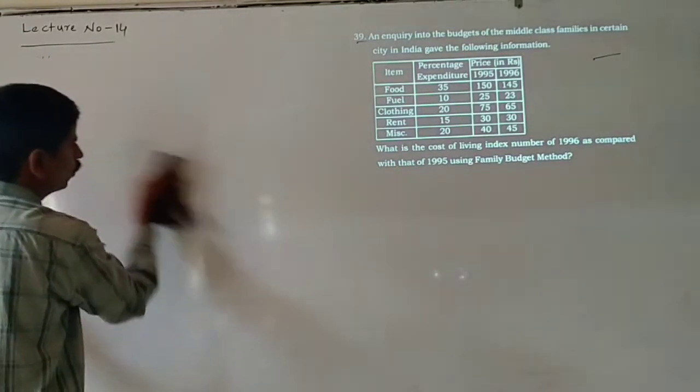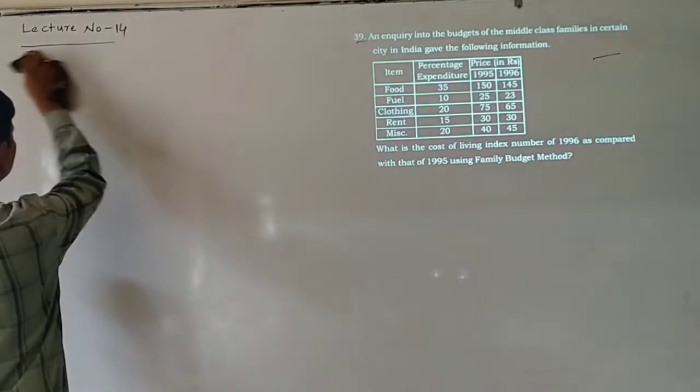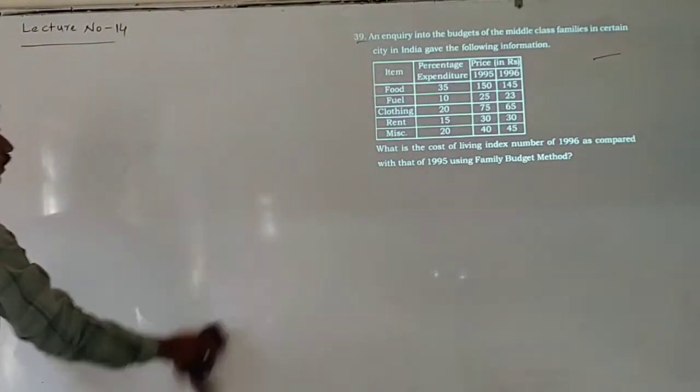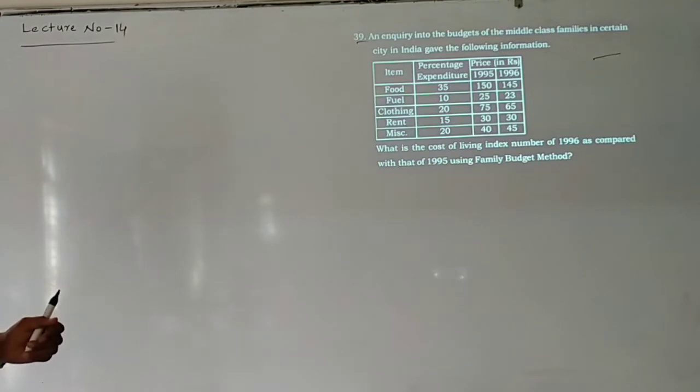What is the cost of living index number of 1996 as compared with that of 1995 using family budget method?